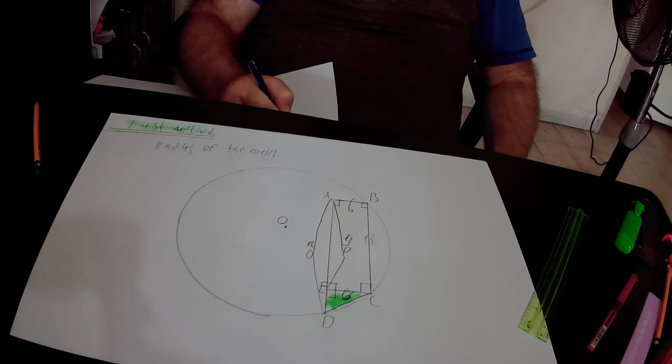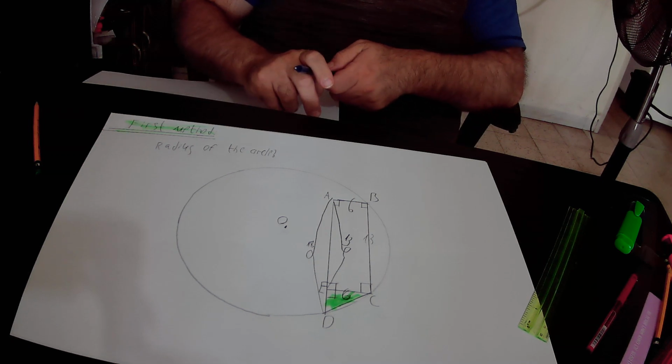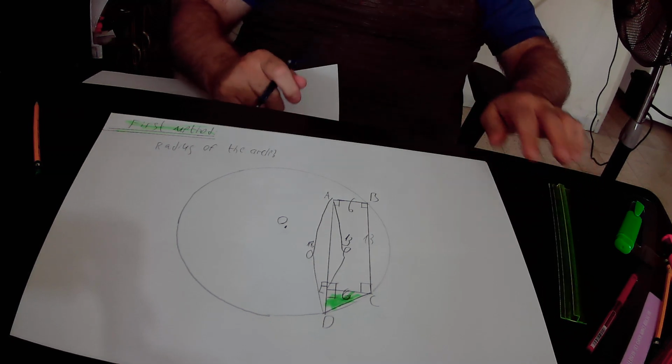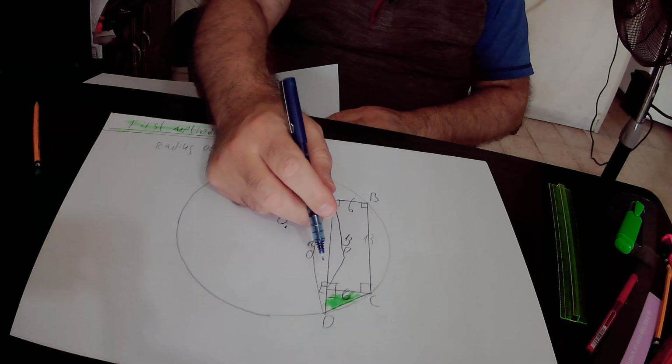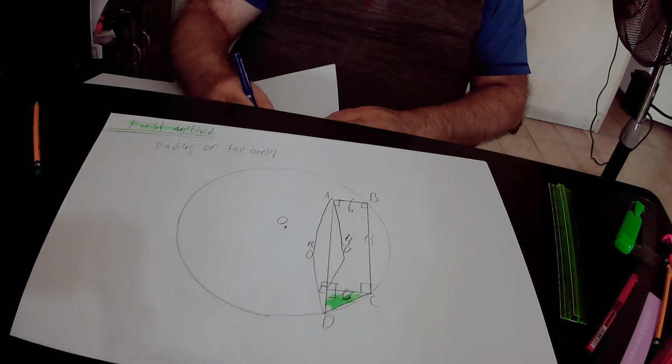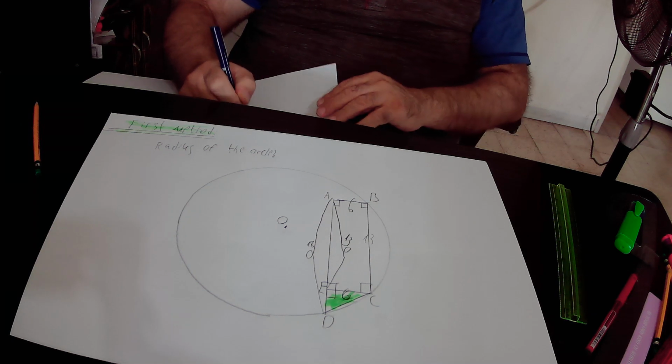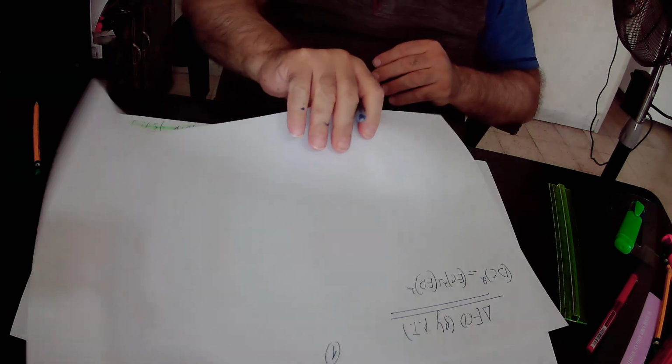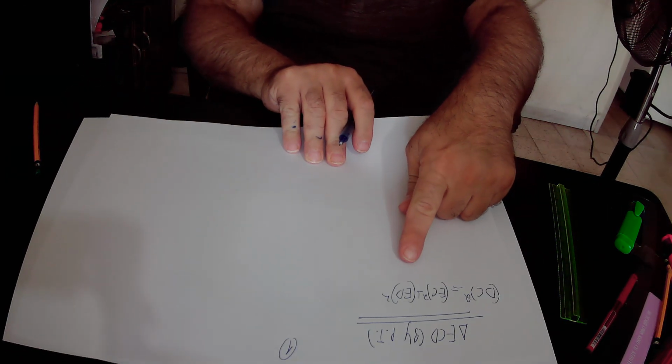And it must be equal to the sum of the squares of the perpendiculars, that is to say, EC squared plus ED squared. In conclusion, according to the Pythagoras theorem, DC squared equals EC squared plus ED squared.